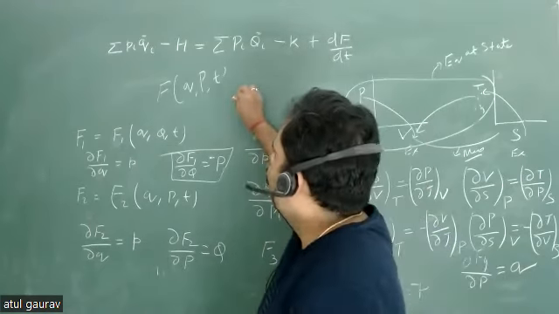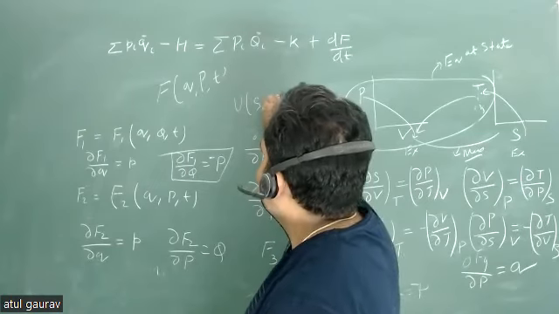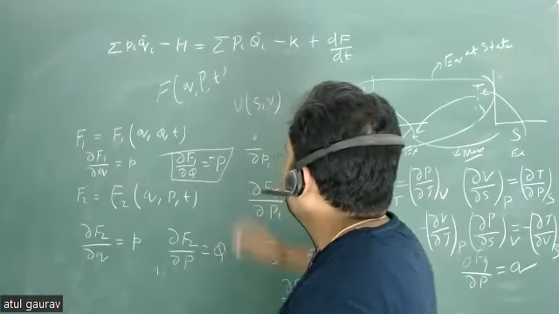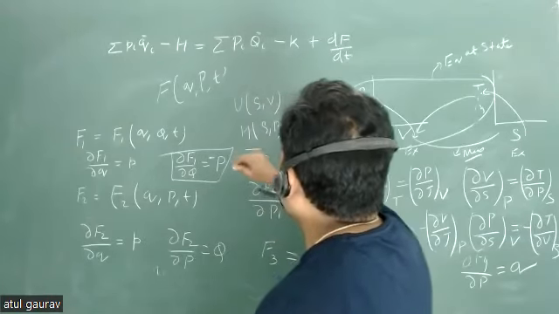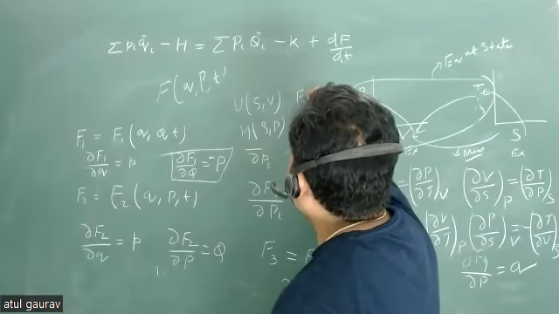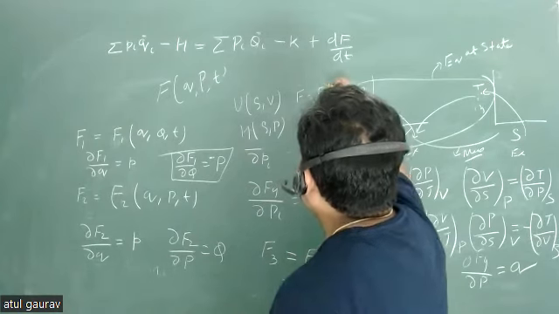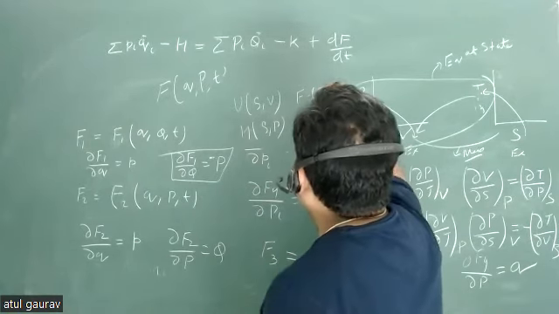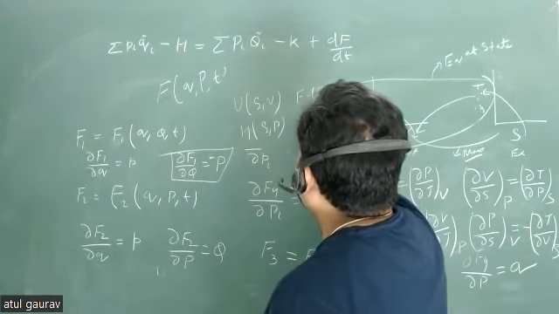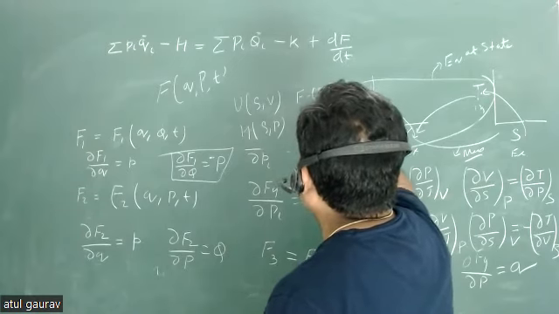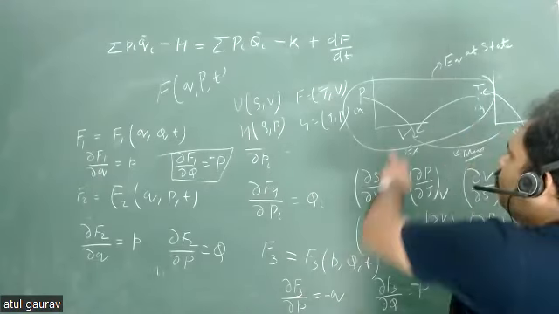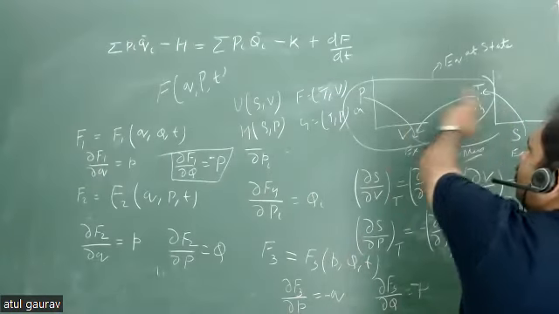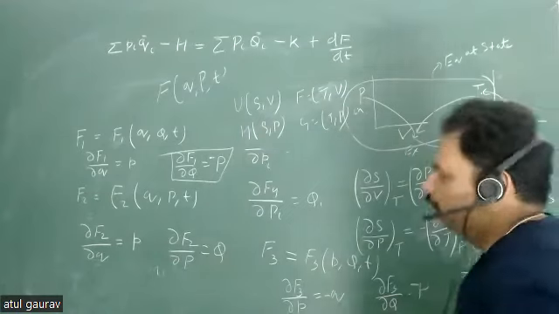U will be a function of S and V. H will be a function of S and P. F will be a function of T and V. And G will be a function of T and P. Now you can see, one is from this world and another is from this world. Is that right or not? Yes, sir.